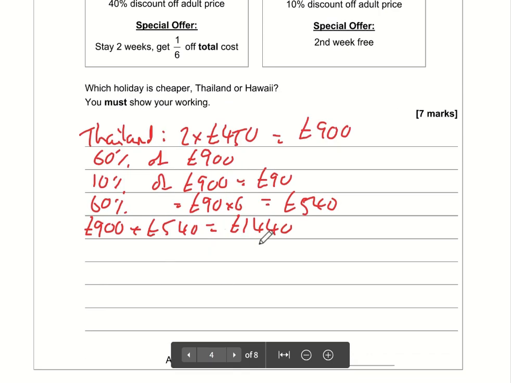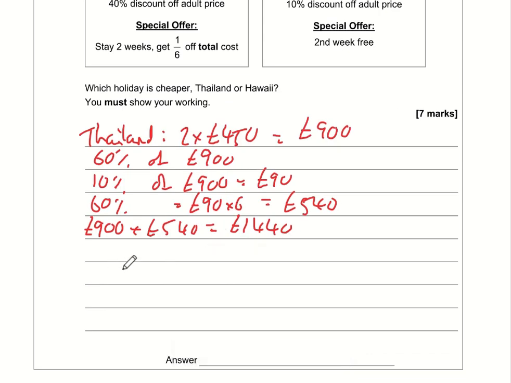So what is 1,440 divided by 6? Let's use a bus stop method here. 14 divided by 6 is 2, 2 remaining. 24 divided by 6 is 4. 0 divided by 6 is 0. So we need to subtract 240 from that. 1,440 take away 240, I can probably do that in my head. That is £1,200. So £1,200 for Thailand.